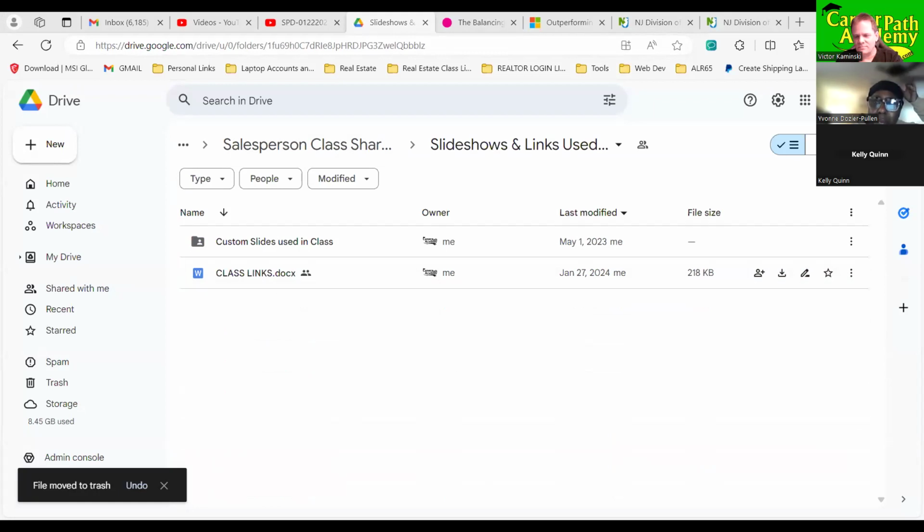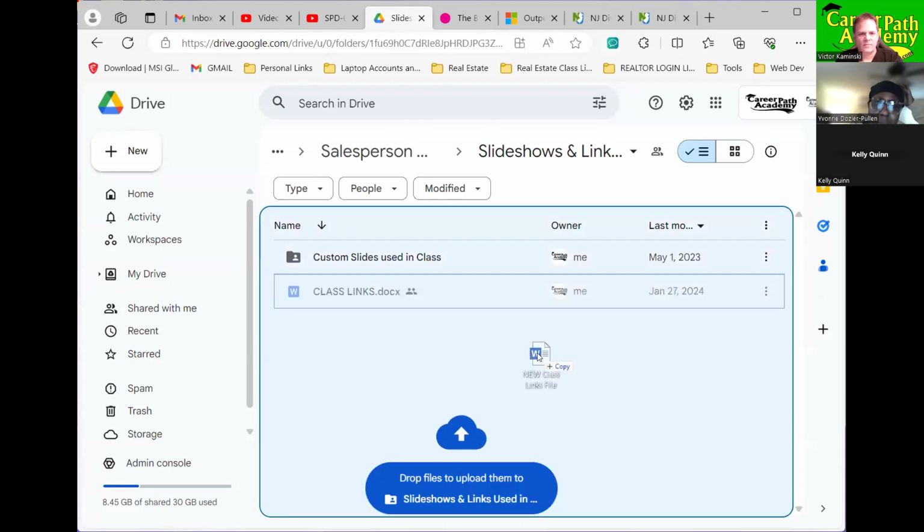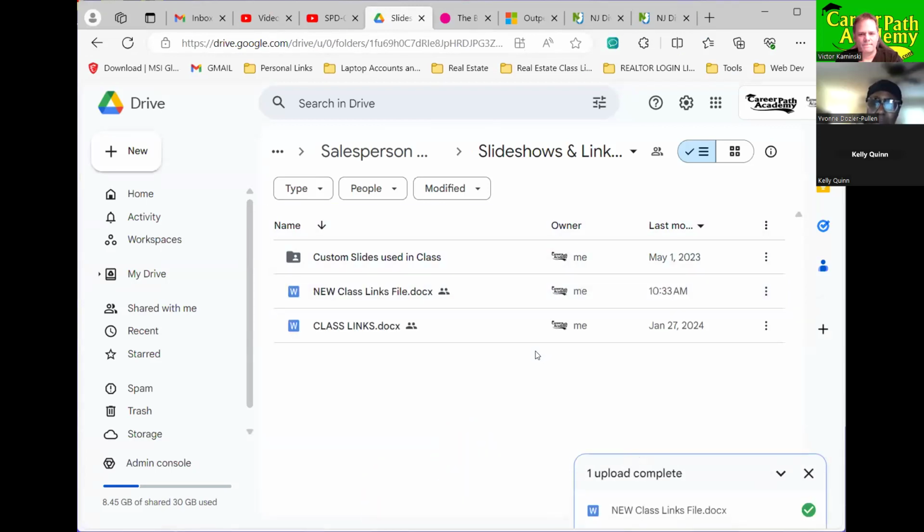Oh, here it is. I'm just moving to the other side of my desktop. All right, so now the new class links file is right here. Here's the older one, here's the newer one that I've been updating.